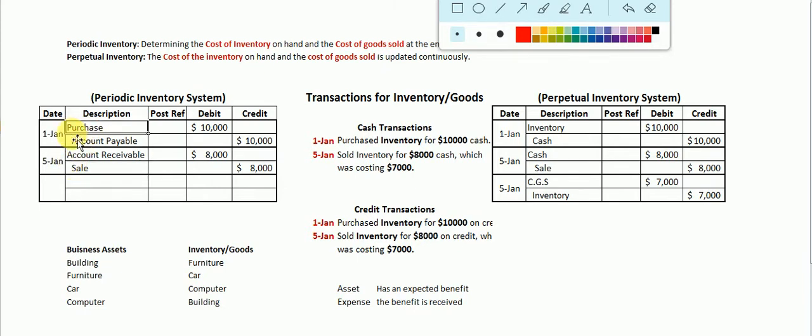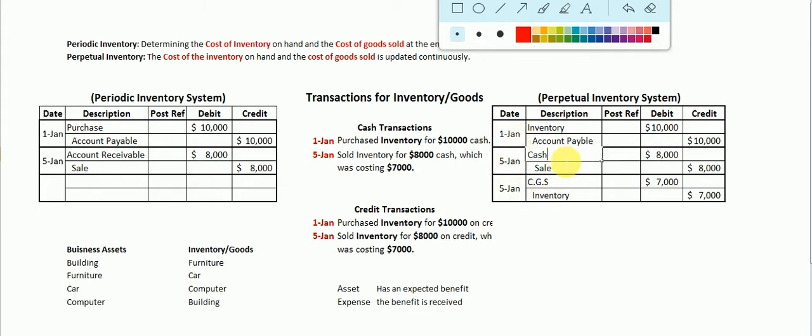Why? Because when you purchase goods and you're not paying cash, the liability account should be credited. And here you are selling goods and not receiving the cash, you receive it in the future, so account receivable, which is our asset account, is debited. Again, here we are not paying cash and will pay it later, so the account payable control account should be credited.